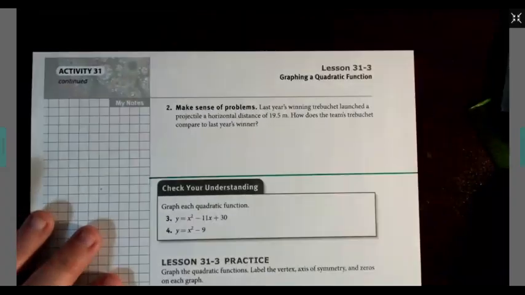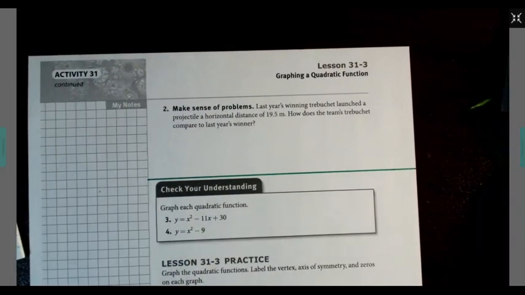Let's take a look at number 2. Last year's winning trebuchet launched a projectile a horizontal distance of 19.5 meters. How does this team's trebuchet compare to last year's winner?